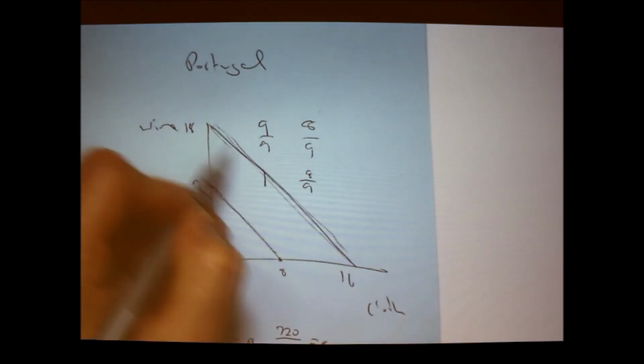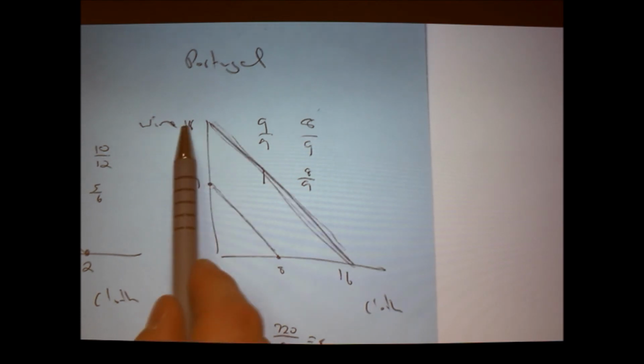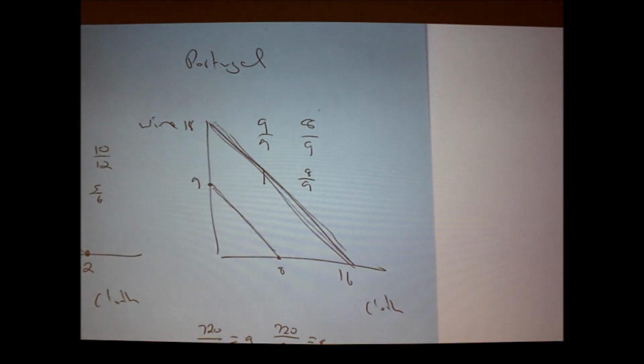It's going to look like this because its population grew. Now its PPC shifted out. So now who has an absolute advantage in wine production with respect to total national output? Portugal. They can produce 18 versus 10. So Portugal has an absolute advantage with respect to total national output in wine and also cloth because 16 is bigger than 12.